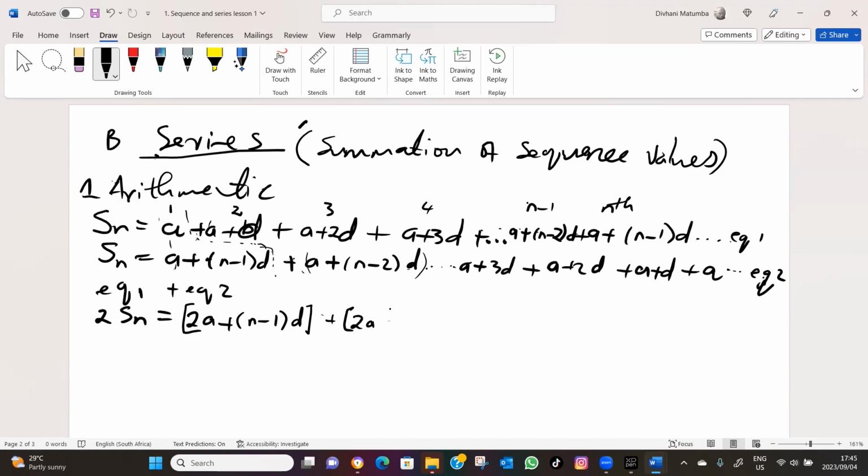If you break down that term, you will have nd minus 2d.